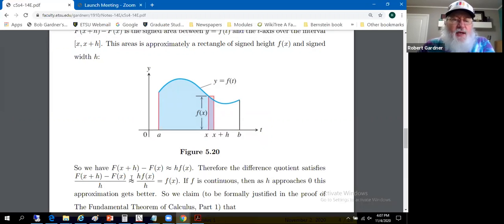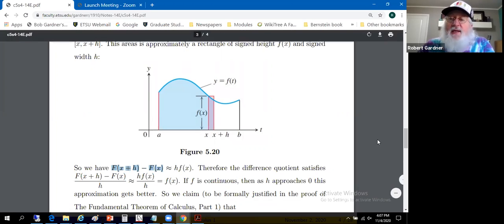All right, then if we take this capital F of x plus h minus capital F of x and divide it by h, then that approximately equals h times f of x divided by h, and I can cancel the h's there if h is not 0.